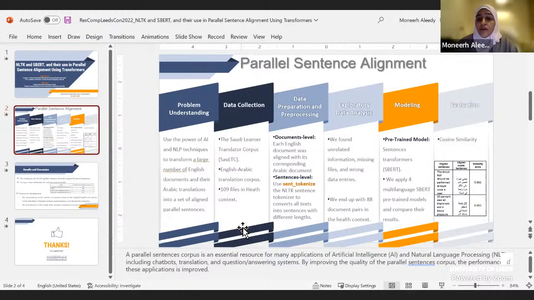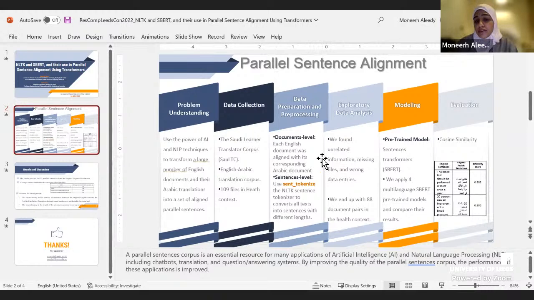We found a lot of information unrelated to the Arabic and English corpus, like student information, student ID, and student name, and I tried to clean the dataset of this information. I also found some missing files, where the source English text disappeared and the corresponding Arabic translated text was missing, and also some wrong data entries that switched between the Arabic and English text.